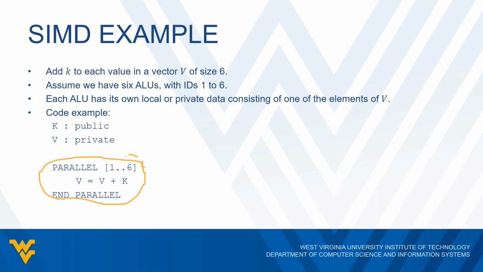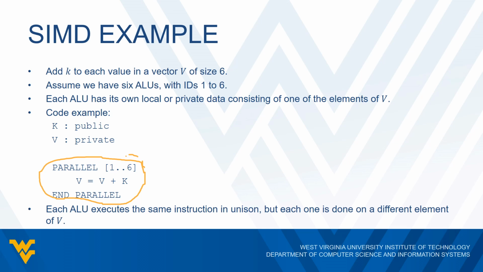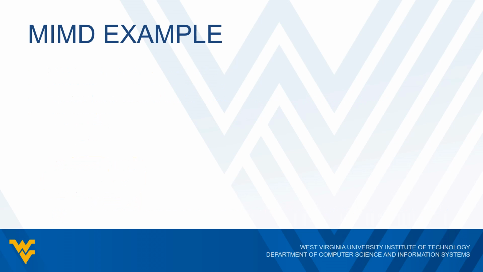What this is saying is that in parallel, for each of the ALUs, we're going to take the value of v. Each ALU has one of the elements of the vector, denoted as v, and we're going to add k to it and then store that back into v. So each ALU executes the same instruction in unison, but each one is done on a different element of v.